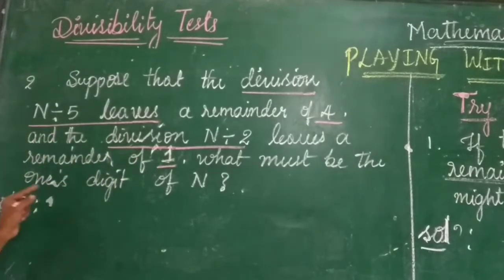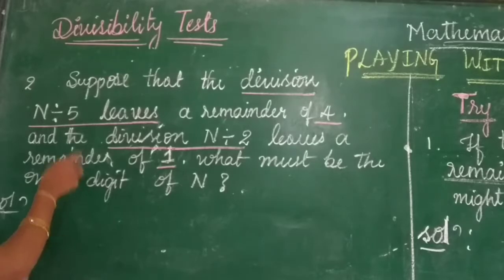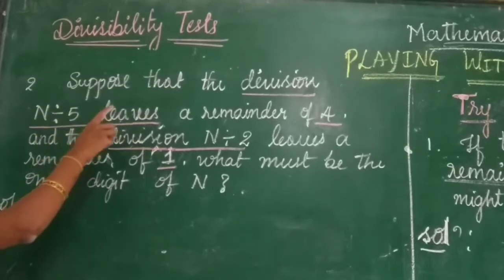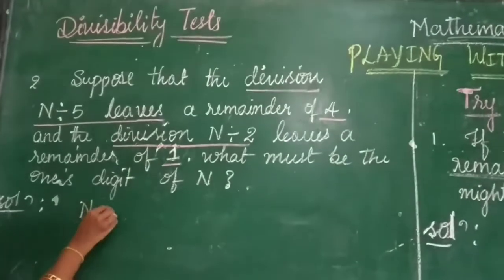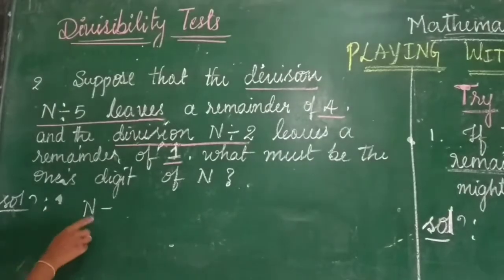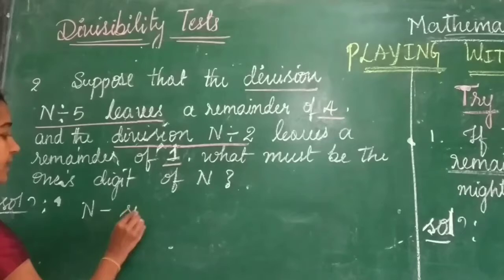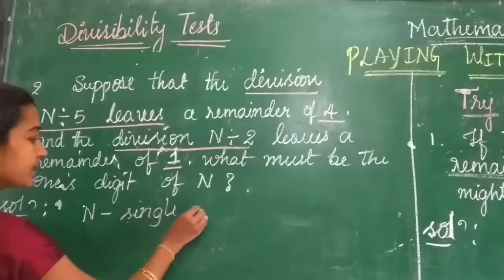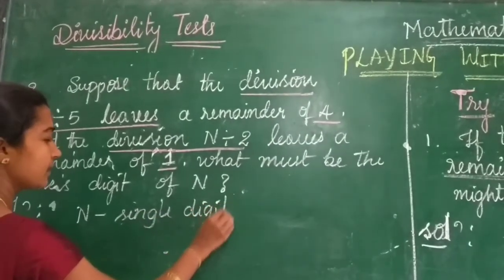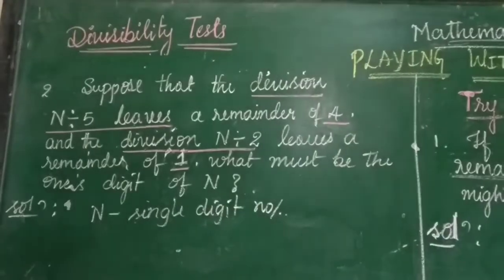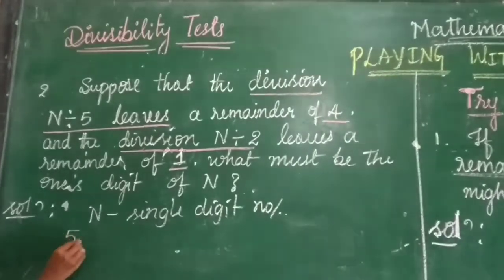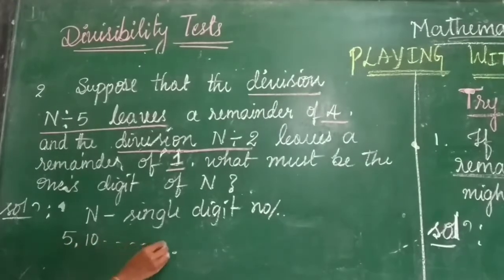Now let us first find the number divided by 5 which leaves the remainder of 4. Here n is the number. There is a condition: n is a single digit number. So now let us take the multiples of 5: 5, 10 and so on.